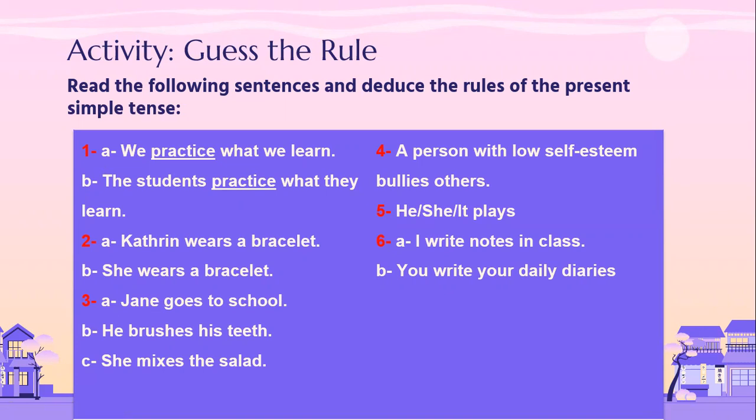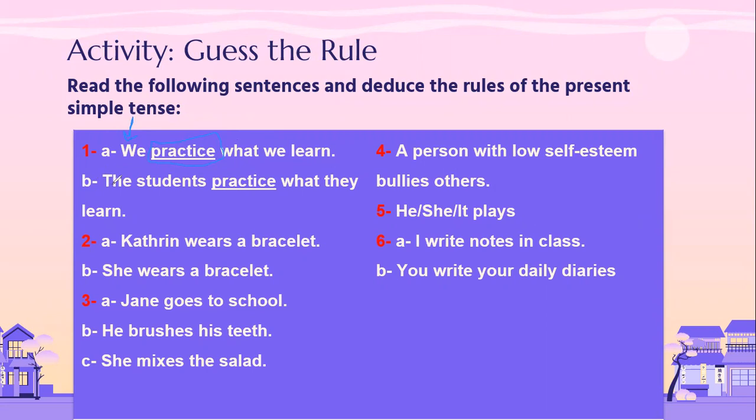So let's look at the first one together. We practice what we learn. Let me annotate and show you where I'm talking. So we practice what we learn. You can see here we have we in plural, practice the verb, what we learn.